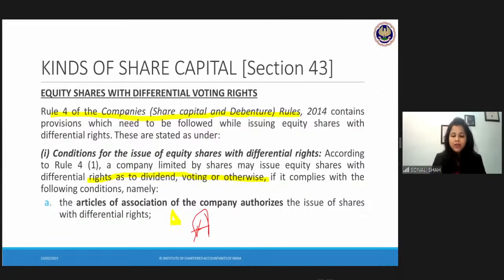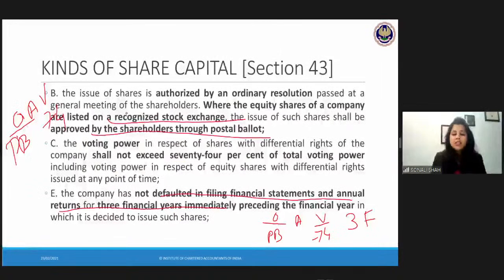The first requirement is authorization in the articles of the company. So OA 74. A stands for authorization in the articles of the company. O stands for passing of an ordinary resolution. So the issue of equity share with DVR should be authorized by an ordinary resolution.